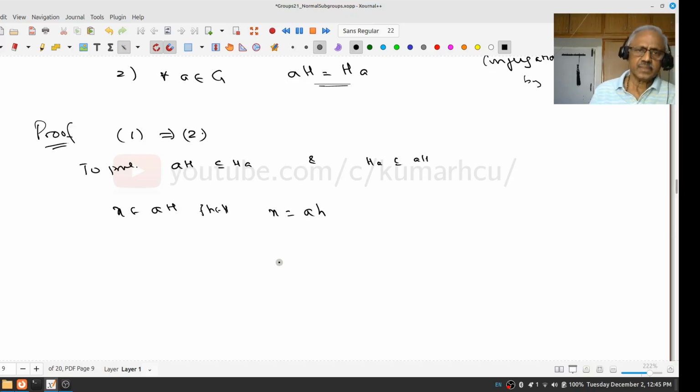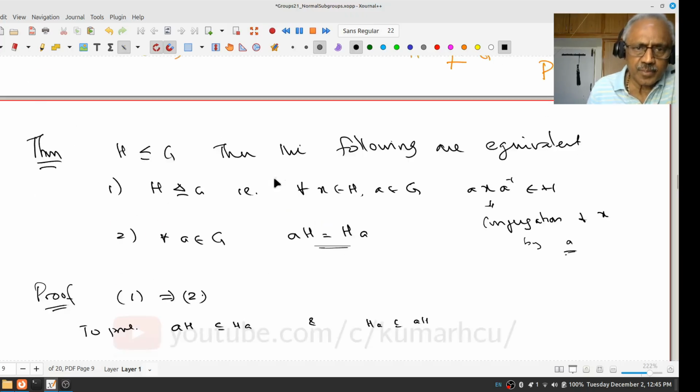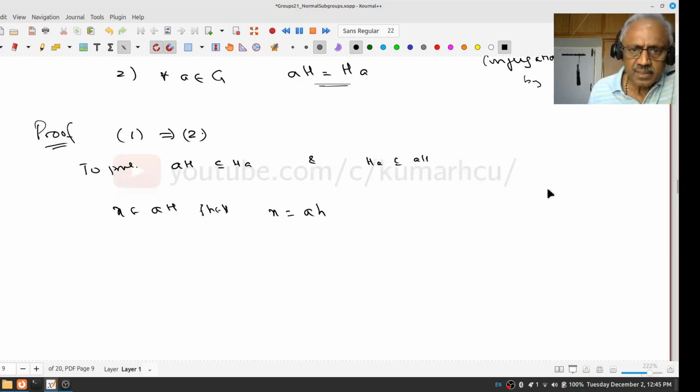Now what do I know? I have to make use of this first property. What is that? AXA inverse is always in H, right? Therefore, if I multiply both sides by A inverse, that is XA inverse equals AHA inverse, but this element is in H because of condition 1.